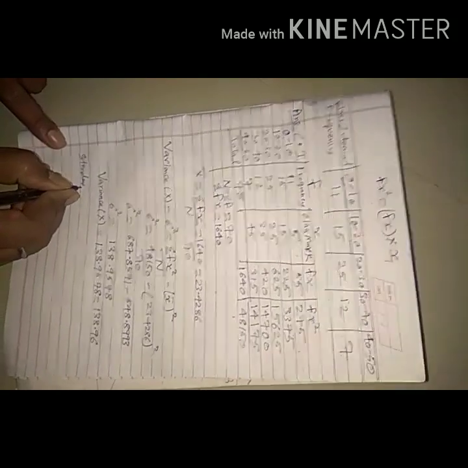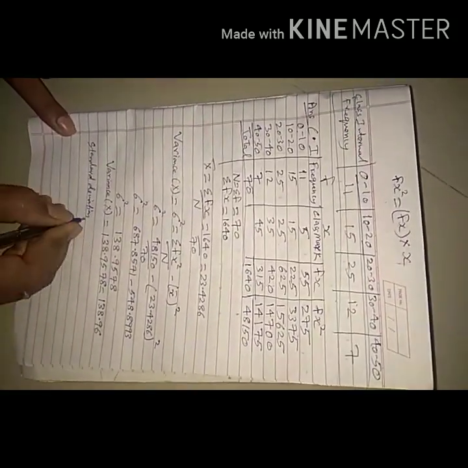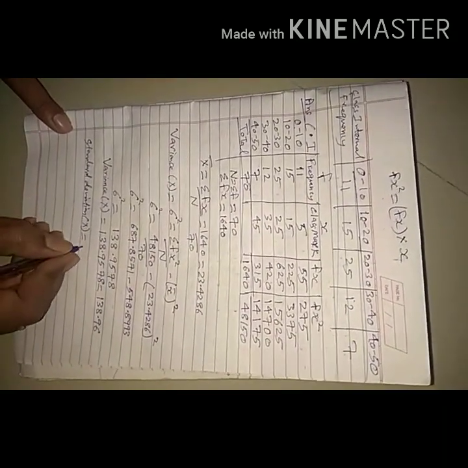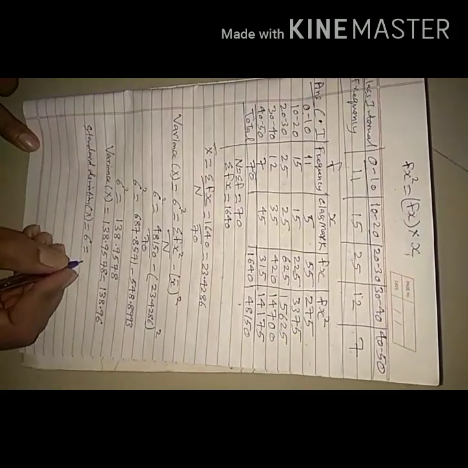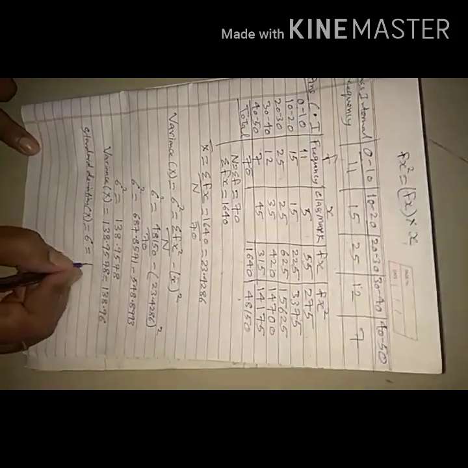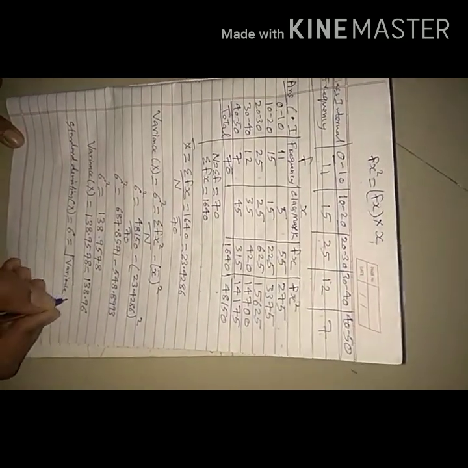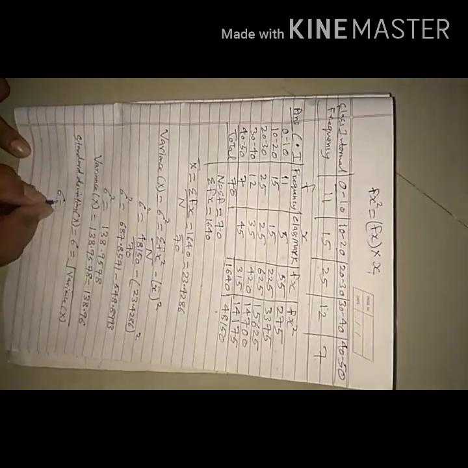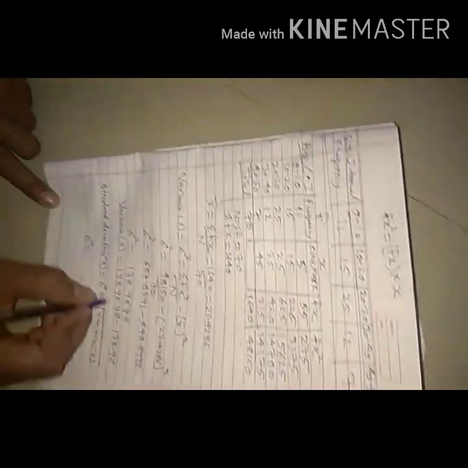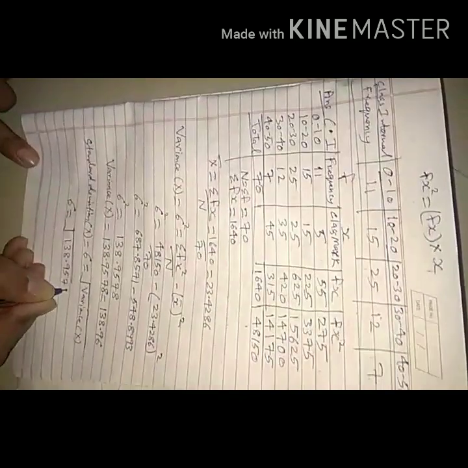Now get the standard deviation value. Standard deviation of x is what? Sigma. Sigma is square root of variance. Already have found here variance 138.9578.